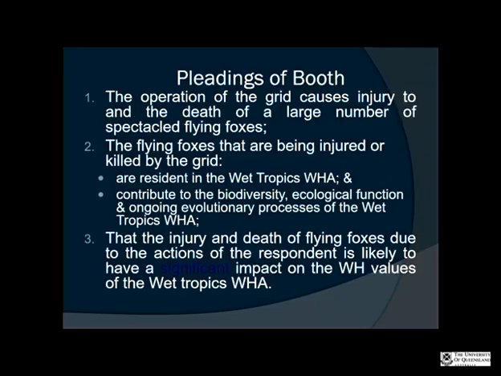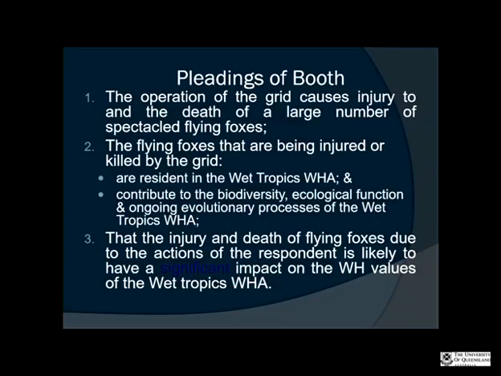So what did she argue? She argued, one, the operation of the grid is causing injury to and the death of a large number of spectacled flying foxes. And I think she counted well over 300 just in that moment when she took that imagery with the footage there. She said the flying foxes that are being injured or killed by the grid are resident in the wet tropics World Heritage Area.